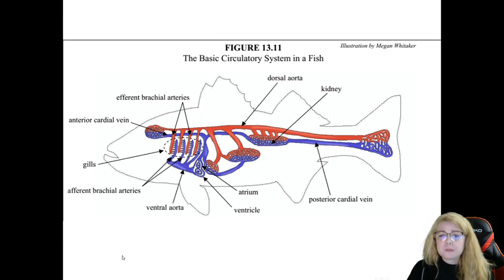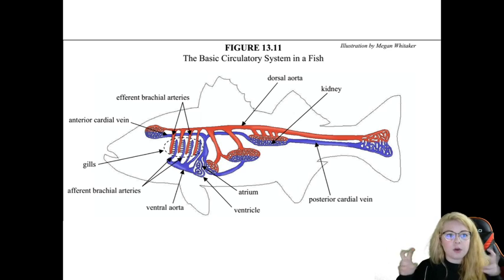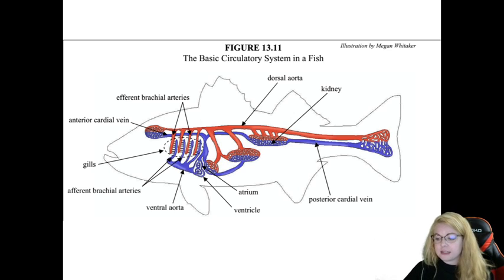So, right here we're looking at a picture of the bony fish again. We didn't finish our discussion of the bony fish in the last module, or what we would think of as a typical fish. In this image, although the main blood vessels are highlighted because we're about to talk about the circulatory system, these are not the only blood vessels that the fish has. There's much more.